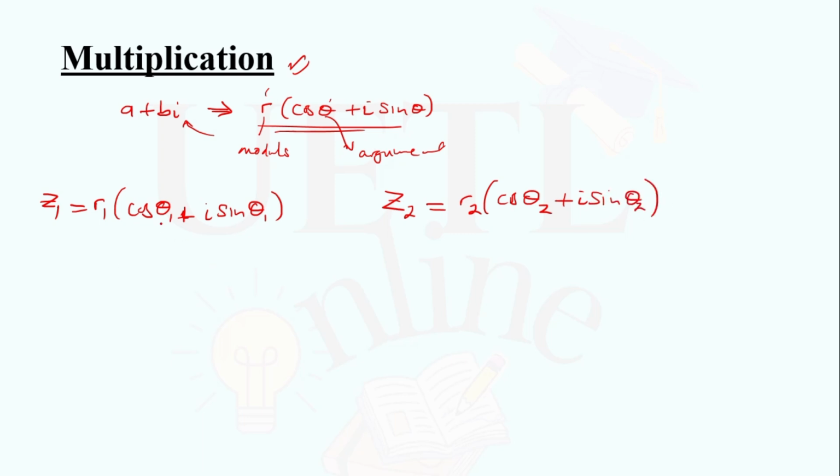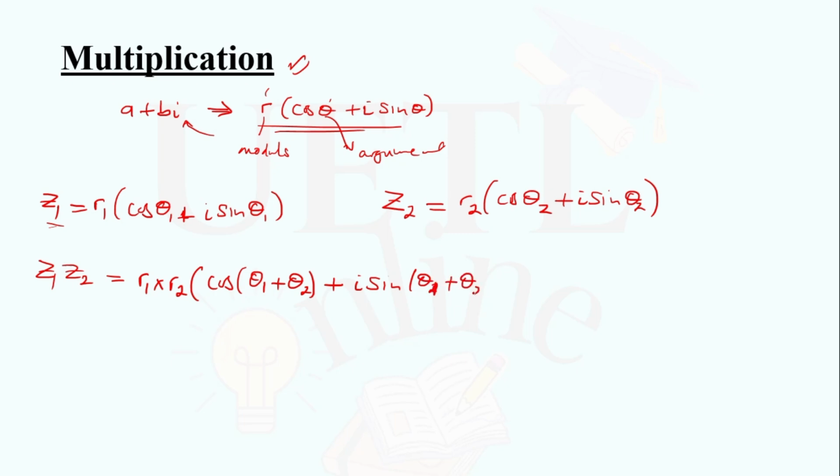Let's say you are being asked to find z1 times z2. This is what we call multiplying these two. What you do is take the moduli and multiply them, so it becomes r1 times r2. Then you take cos of theta 1 plus theta 2, plus i sin of theta 1 plus theta 2.